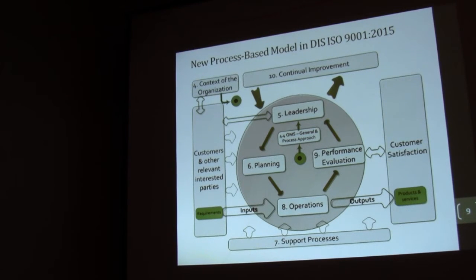And then 5, leadership used to be management responsibilities, still many of the same components. Planning, resource management. Planning now has some components of the management responsibility and resource management in there. They have separated out some items in support processes, which is a new clause, and the support processes contain training, they contain documented information and controlling that.